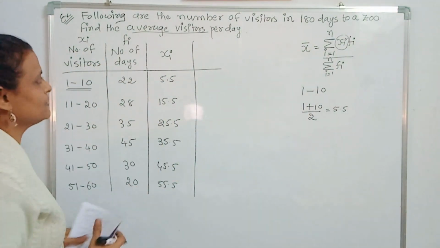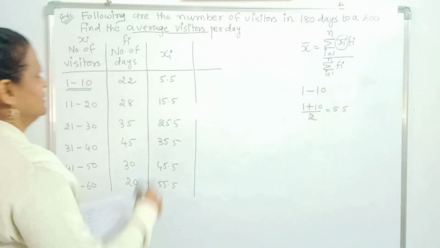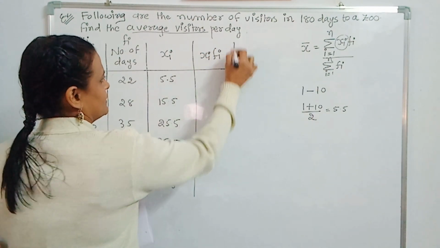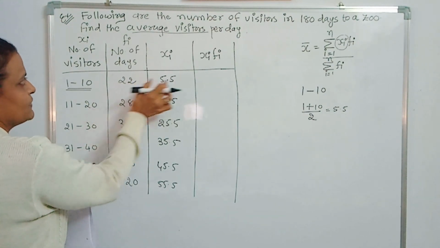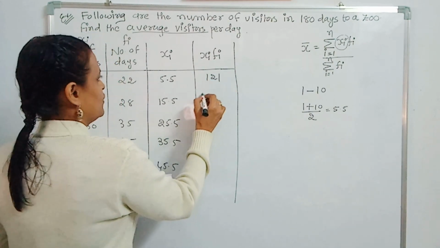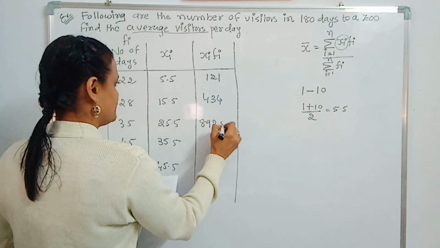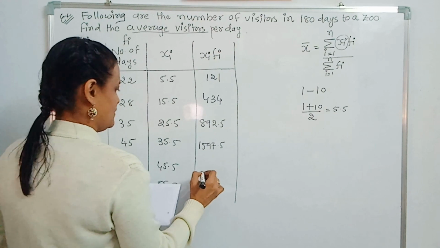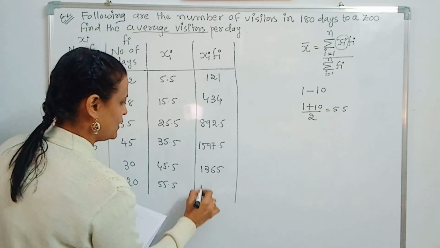So now the example becomes similar to the one we solved in the second example. In the fourth column, we will find xi fi. We will multiply the values of the second column with the third column. So we will obtain 121, 434, 892.5, 1597.5, 1365, 1110.